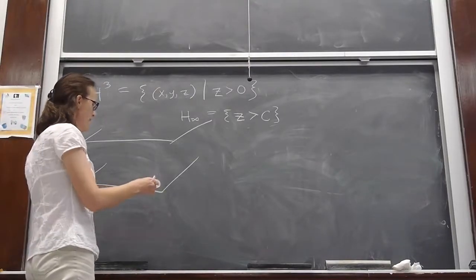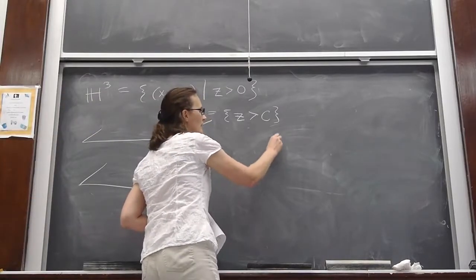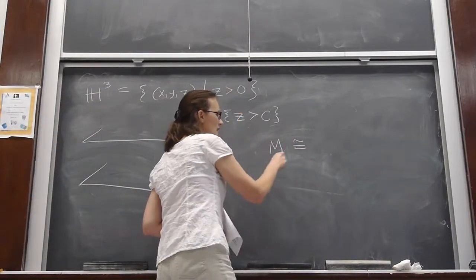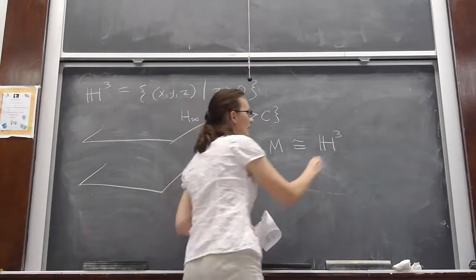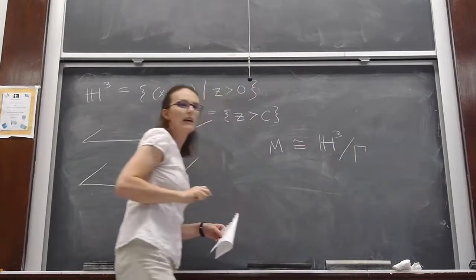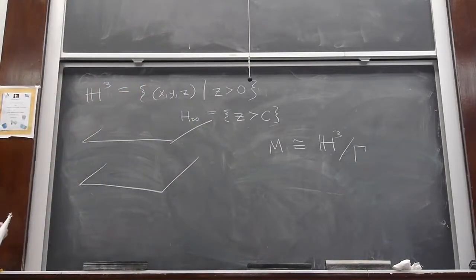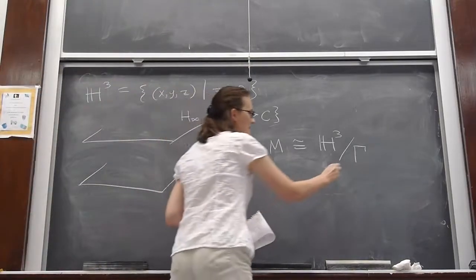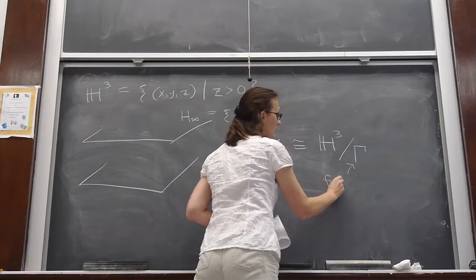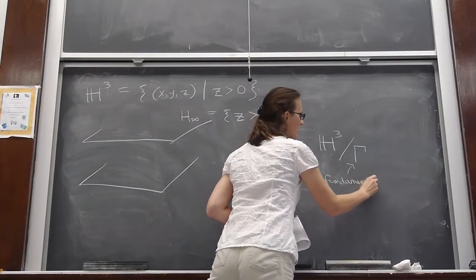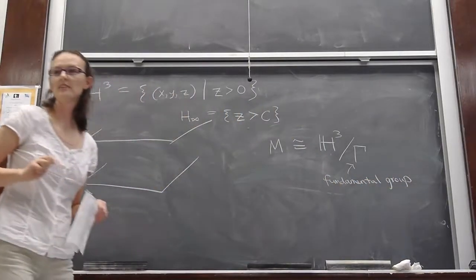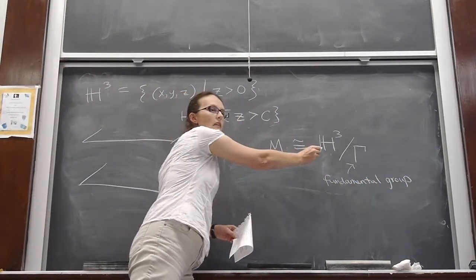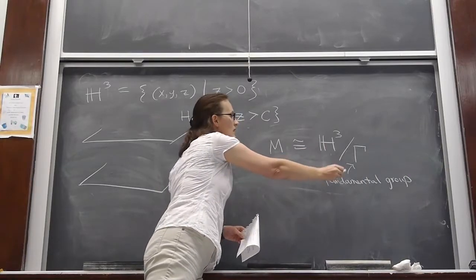And now my manifold is hyperbolic, which means that its universal cover is hyperbolic 3-space. And I can quotient out by a discrete group of isometries of hyperbolic space. This is the fundamental group, acting by deck transformations on the universal cover. So standard topology here.